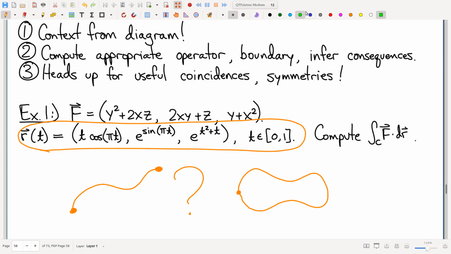The way we tell the difference is we take the starting value of t, plug it in, and see what our starting point is. Then we take the ending value of t, plug that in, and see where our ending point is. The ending point will either be different from the starting point or the same. This is an easy little computational hack.